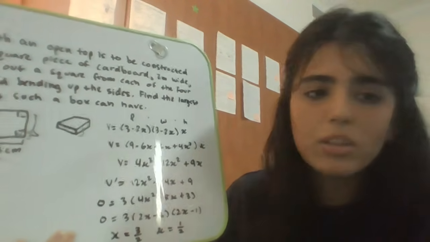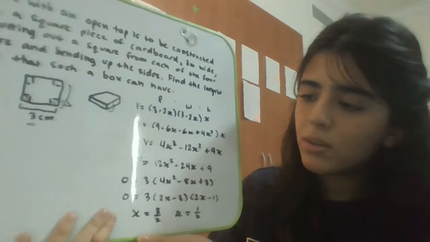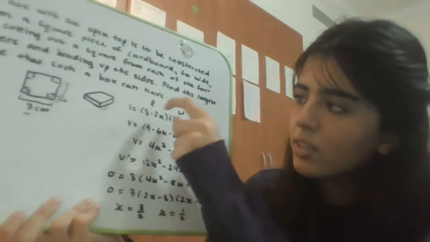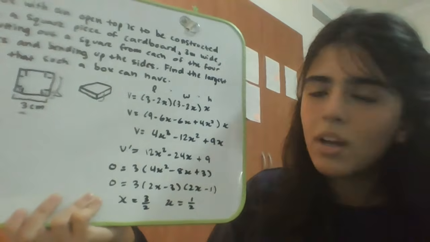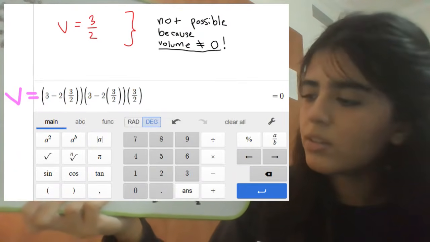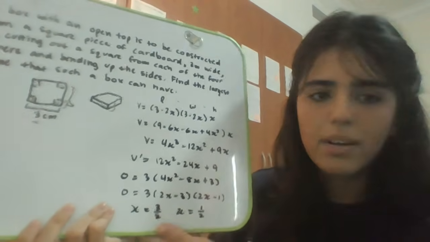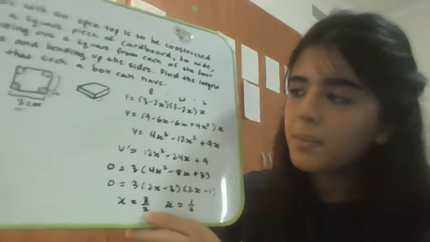We're finding the largest volume in the question. So one of these, when you plug the x in, is going to give us a volume less than the other. I'm going to put up screenshots from the calculator so you can see, but the answer is going to be x equals half, okay? That's going to be our x value that we solved for.